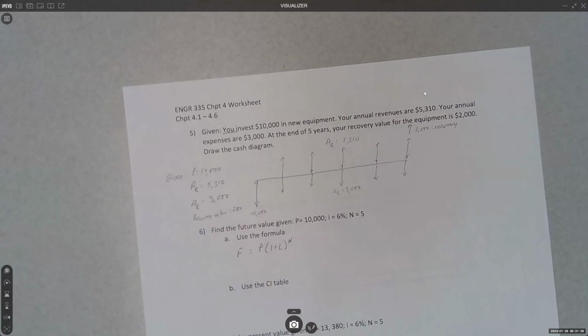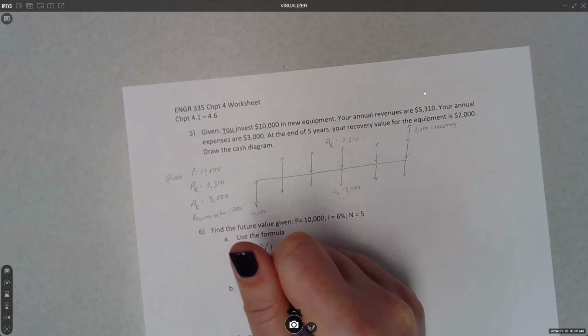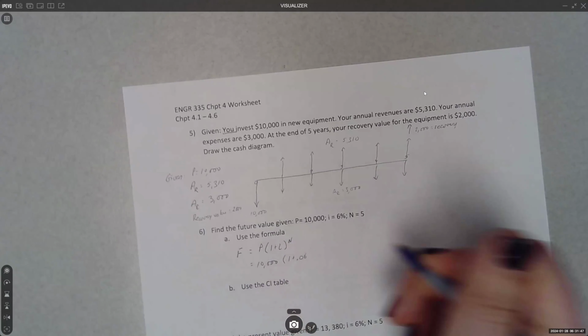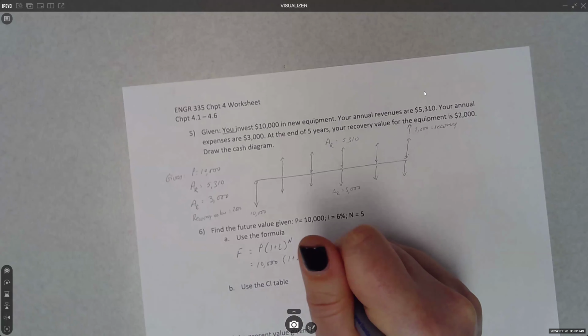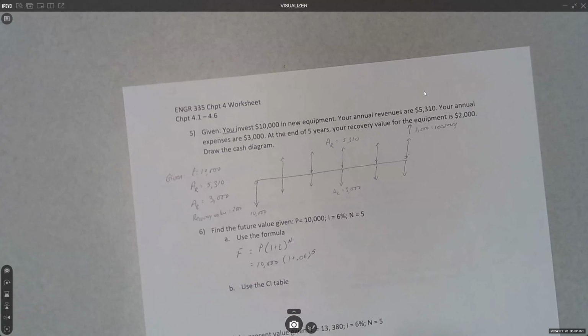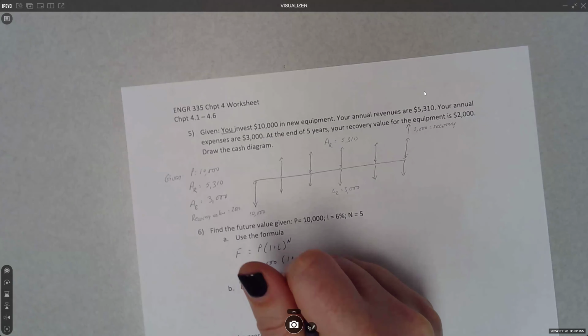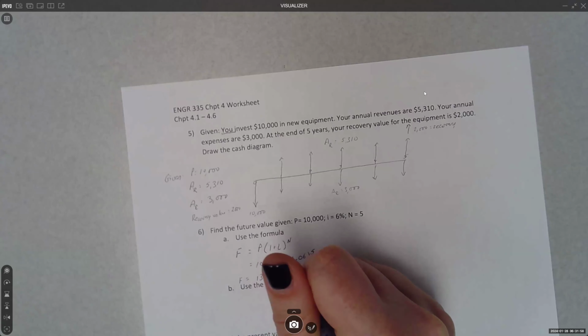That's our simple compound interest formula. So that's $10,000 times (1 plus 0.06, because of 6%) to the 5th power. And that gives us F is equal to $13,382.66.